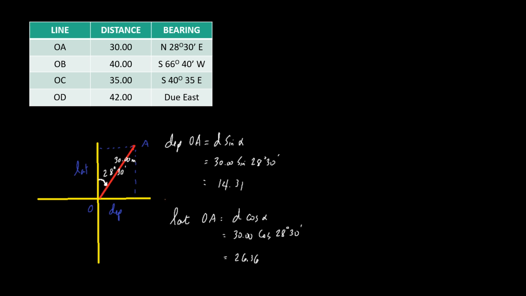So the departure of OA is d sine of its bearing, or 30 times sine of 28 degrees 30 minutes, equal to 14.31. The latitude of line OA is d times cosine of its bearing, equal to 30 times cosine of 28 degrees 30 minutes, equal to 26.36.